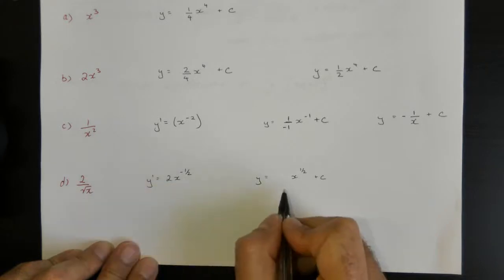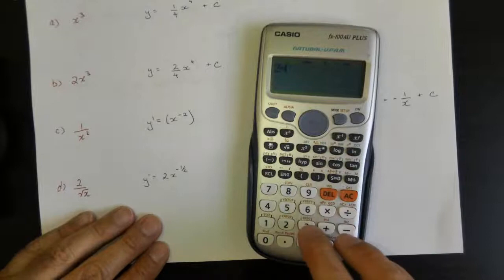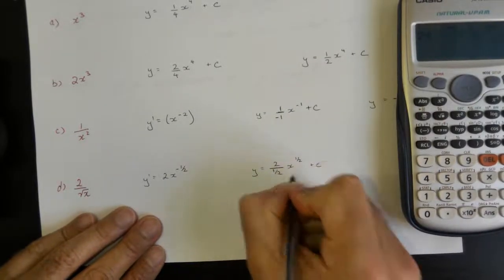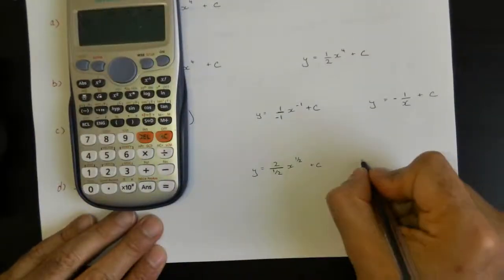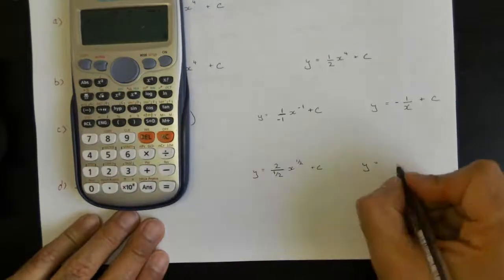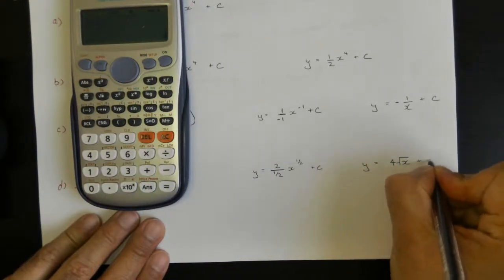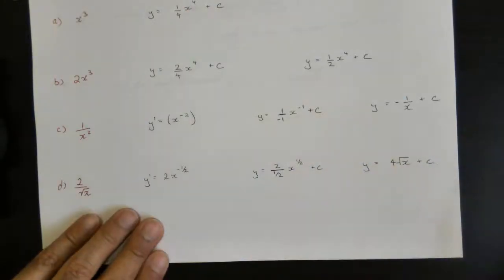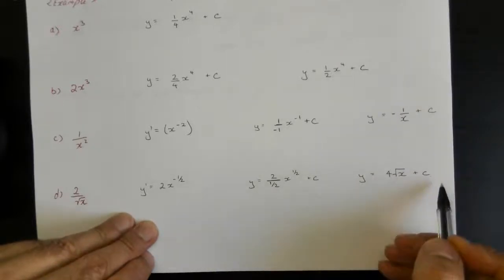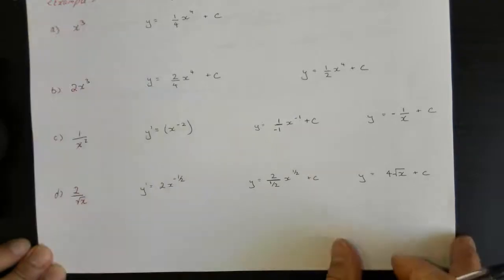So 2 divided by a half, maybe I should write that down. 2 divided by a half gives you 4 x to the power of a half plus c. Okay. Always try to provide your solution in the same format as they provide it to you in the question.